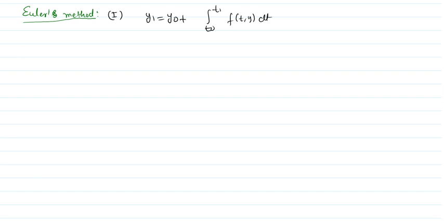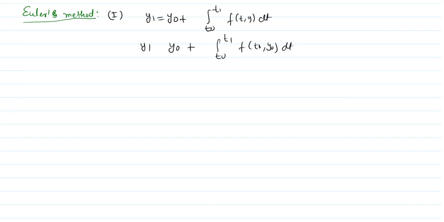And here I am taking an approximation of f. I am just calculating f at (t0, y0), since we know the initial point. That is known, so we calculate this value at the initial point which is given.